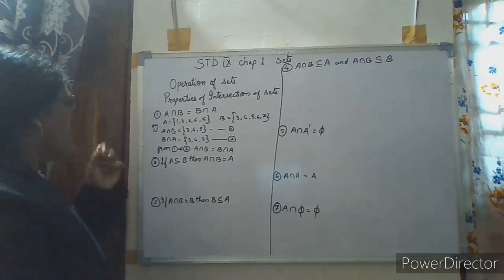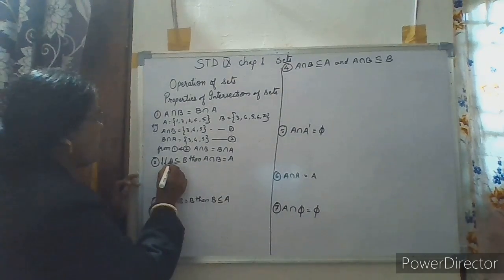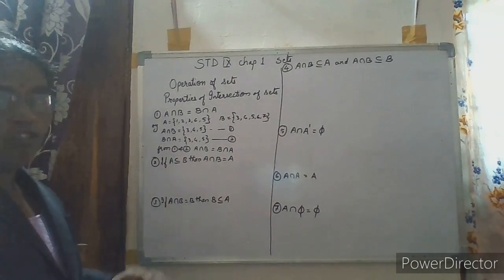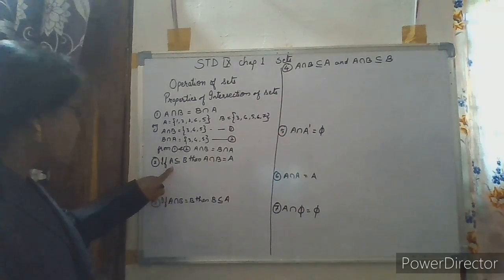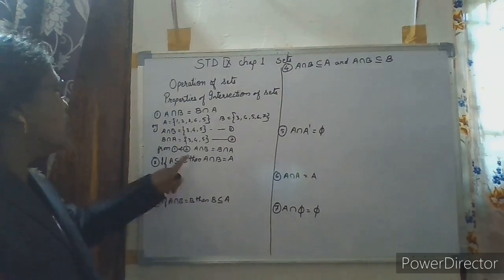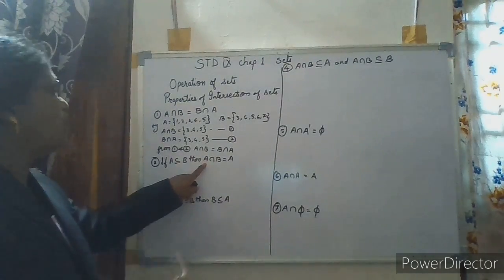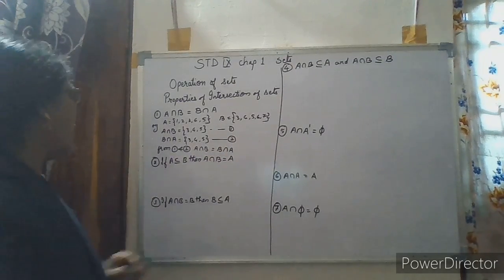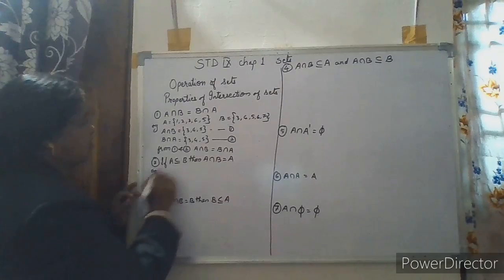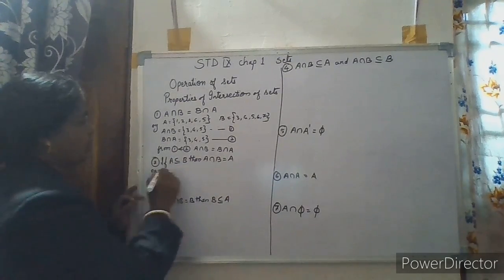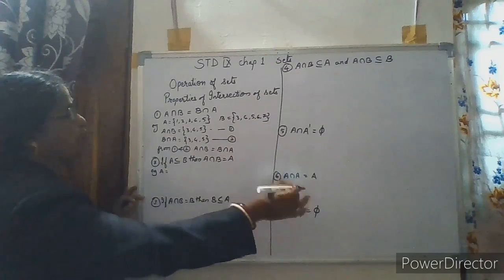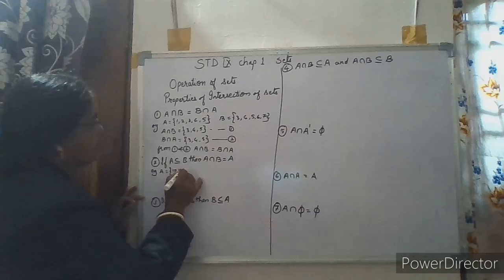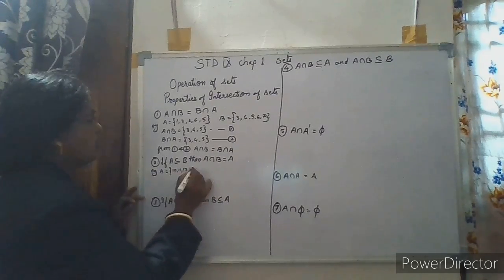Now come to the second property. If A is a subset of B, which means all the elements of set A are present in set B, then we can say that always A intersection B is equal to set A. With an example, let us see. A is a subset of B. That means all the elements of A must be present in B. A contains, suppose, 10, 11, 12, 13.